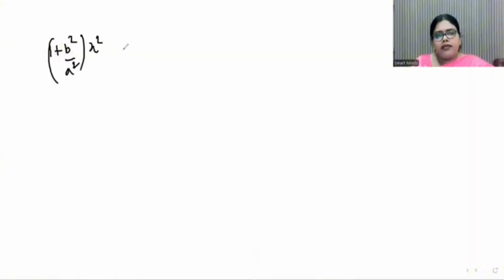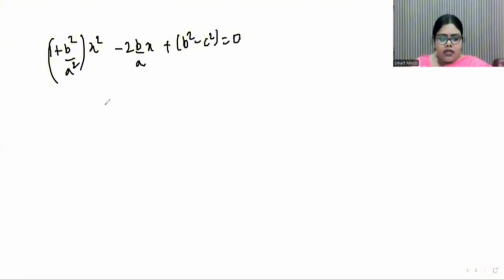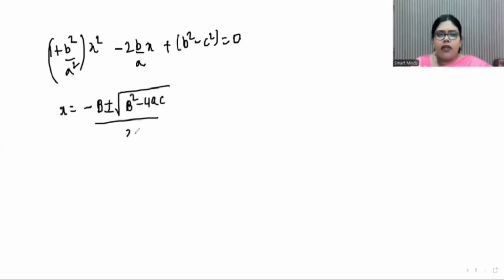If you take x square common, then we write the x term separately and the constant separately. Now it is a quadratic equation in x. So what is the formula? Minus b plus or minus root over b square minus 4ac by 2a. This is the value of x here.